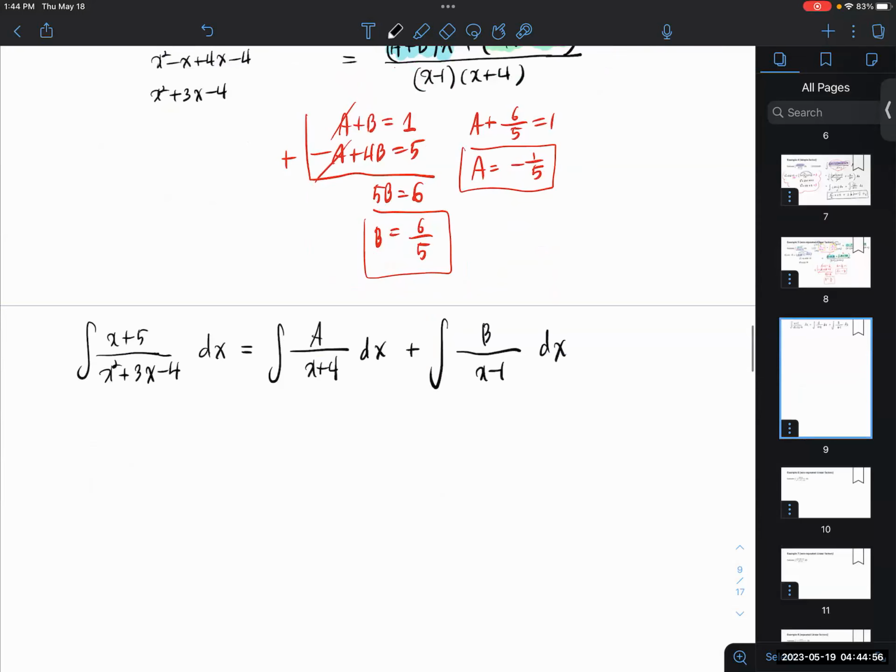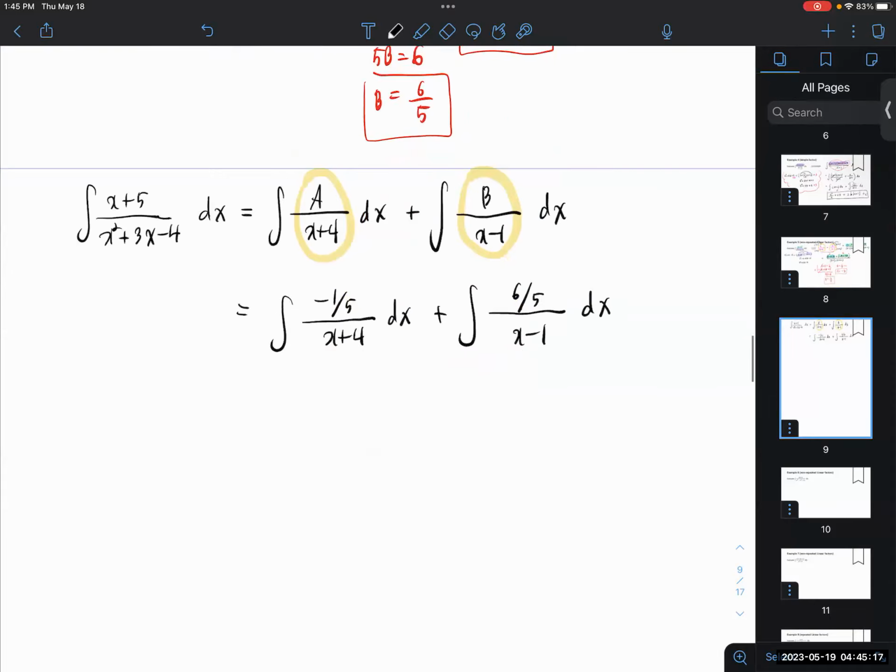So these are your two partial fractions. And then I'm going to plug in A and B. So that means A is negative 1 over 5 over x plus 4. And then B is 6 over 5 over x minus 1.